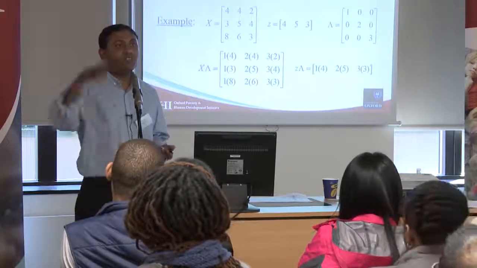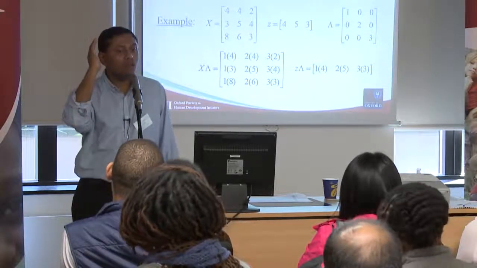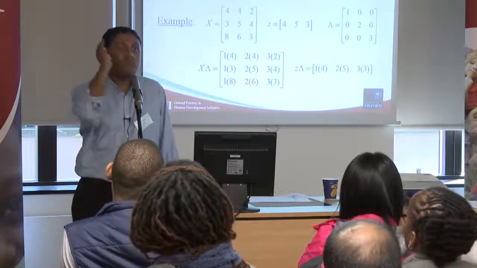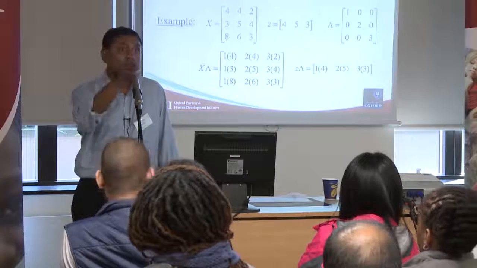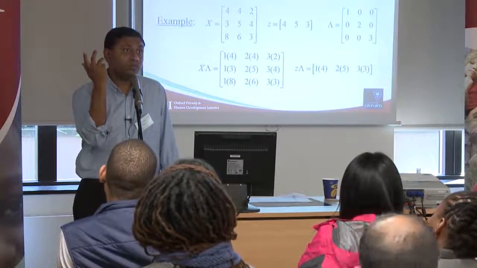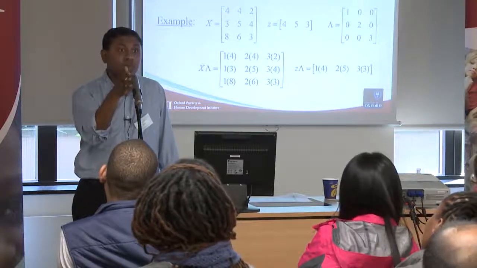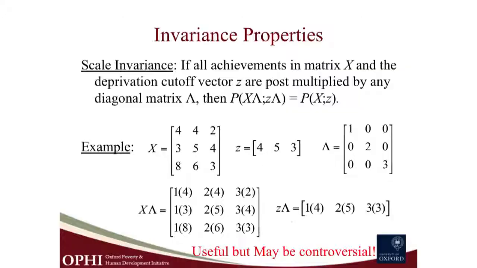Suppose you have 3 dimensions: income, education, and say health. For income dimension, suppose it was in dollar, I change it to pound. Education, it was years of education, I change it to months of education. And then BMI, instead of 22 kg per meter square, I use something in FPS units.